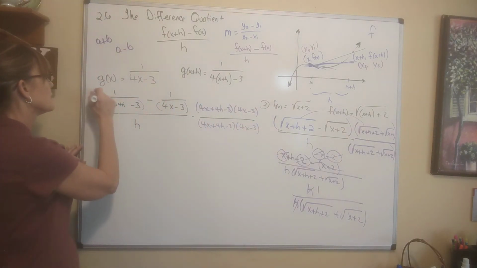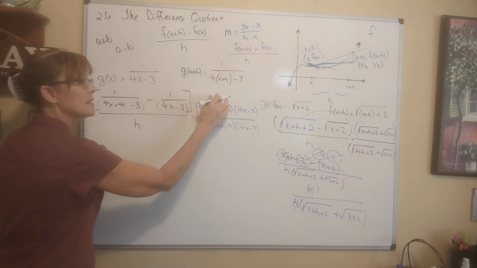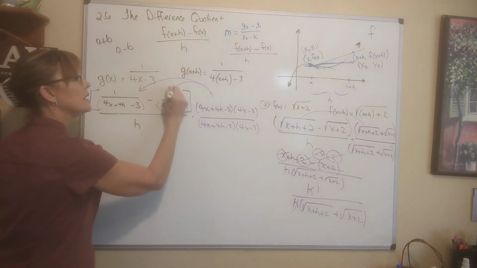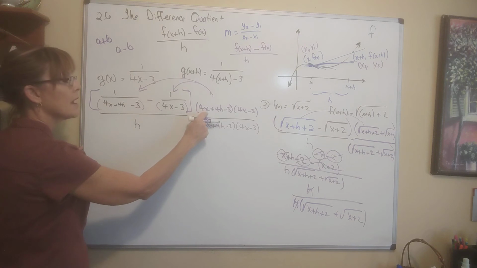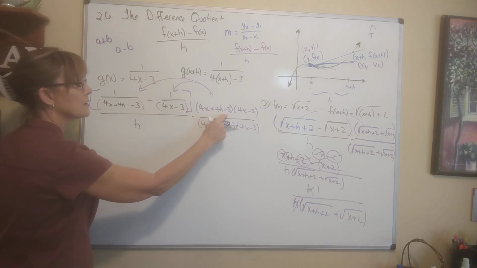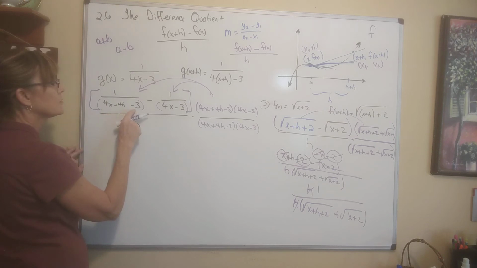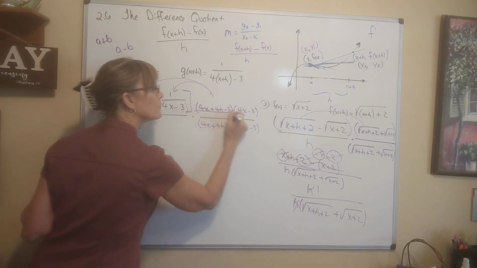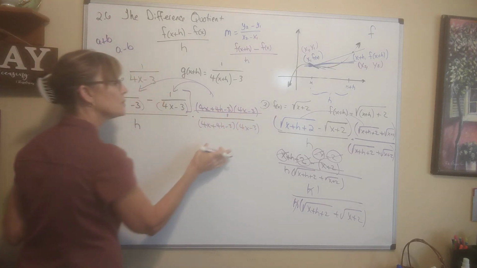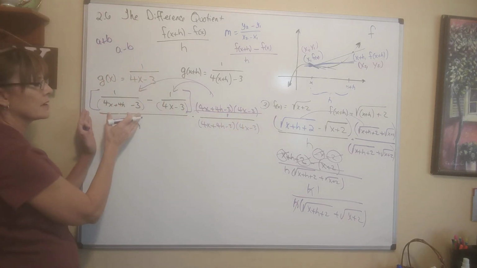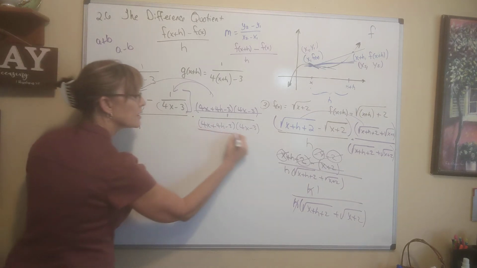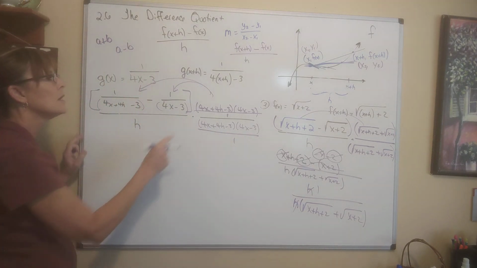So what happens here is this will distribute to each term. So 4x plus 4h minus 3 times 4x minus 3 times 1 over 4x plus 4h minus 3. When I'm multiplying up against a fraction, I like to write it like a fraction. So in the numerator, you can think of both of these as over 1 if you want to.